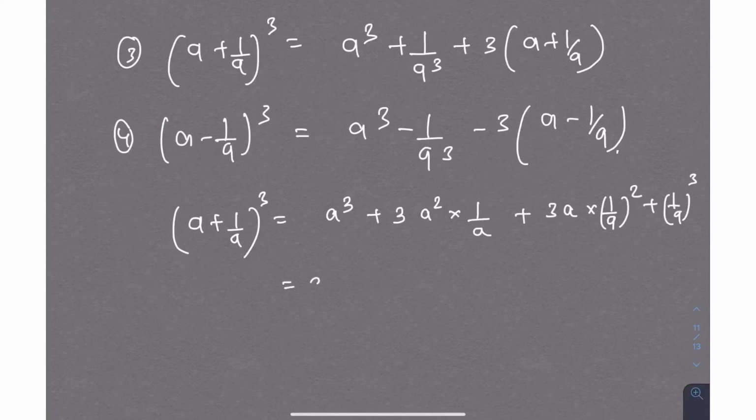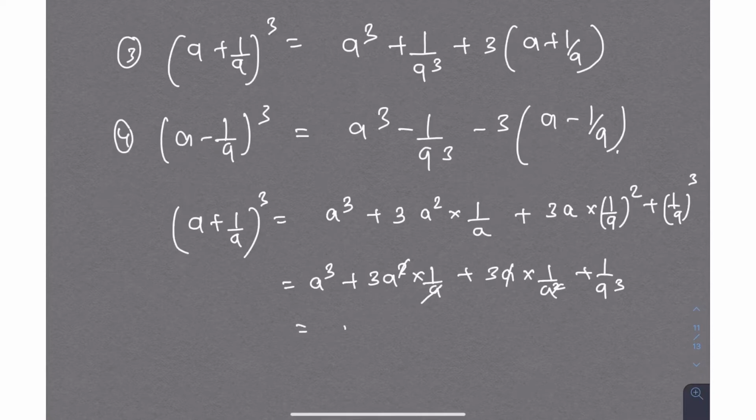When we rearrange, we'll get a cube plus 3 into 1 upon a square plus 1 upon a cube. We can cancel these two, so we'll get 3a. Now we will get 3 upon a.